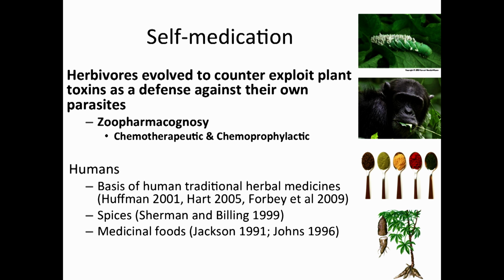Sherman and Billing did a lot of really interesting research showing that the function of spices appears to be to prevent foodborne pathogens. They taste great, but the reason that different cultural cuisines use different spices at different frequencies probably has to do with preventing foodborne pathogens. And there's a bunch of different medicinal foods, as I said, food medicines that might be part of your normal diet, but also have pharmacological effects.